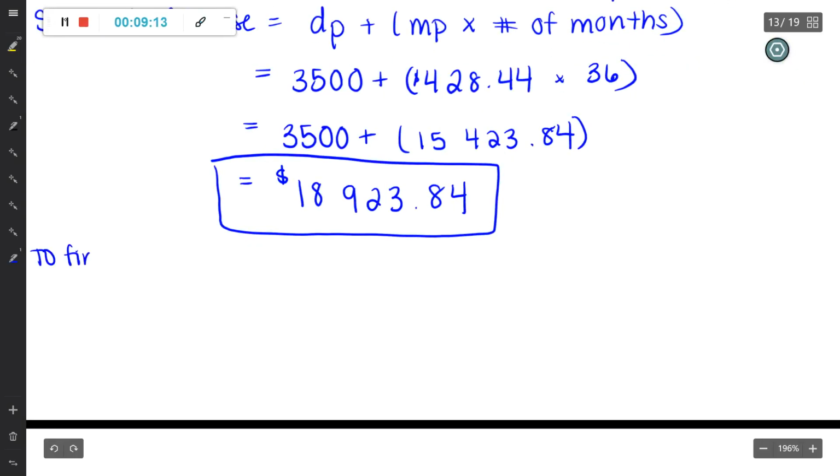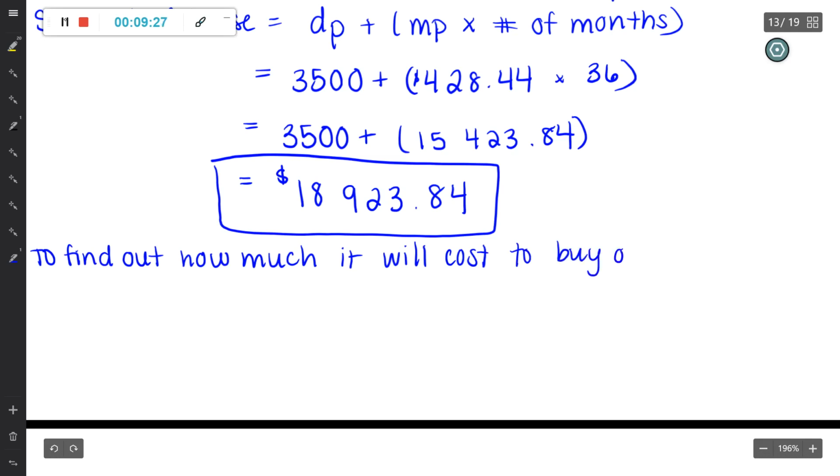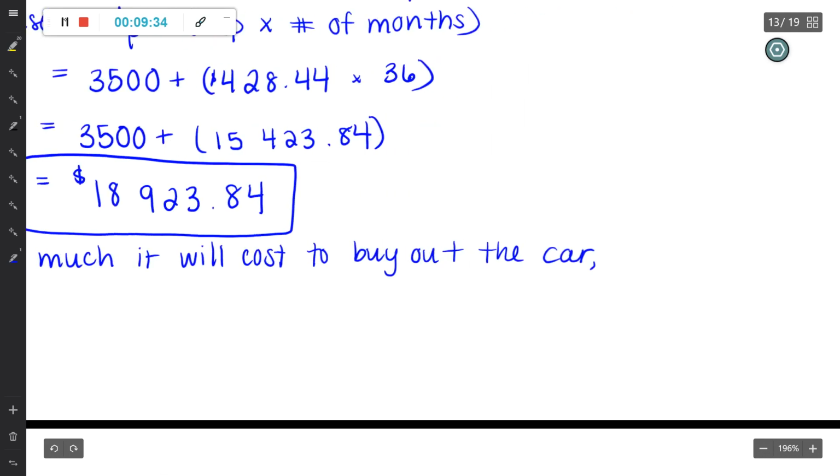To find out how much it will cost to buy out the car, use the following formula.